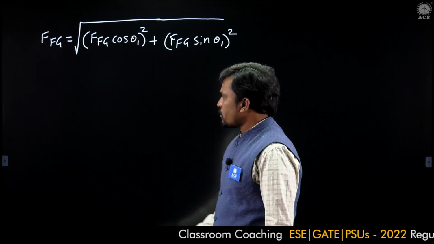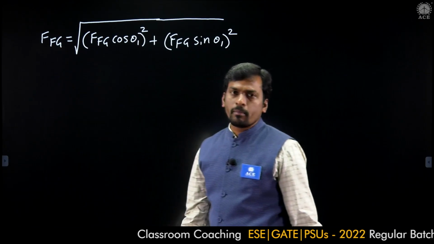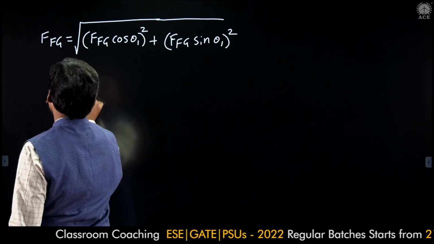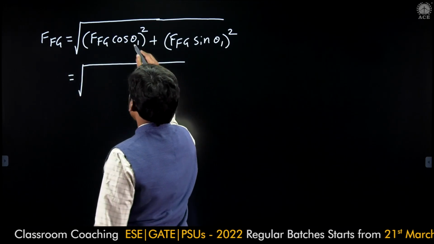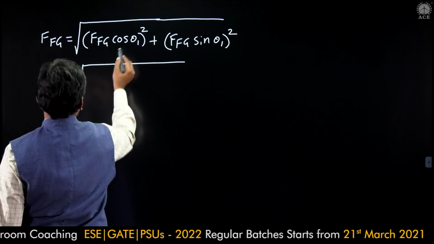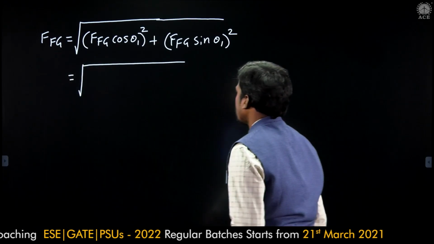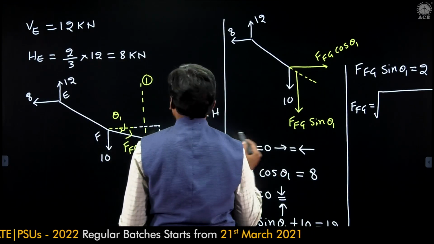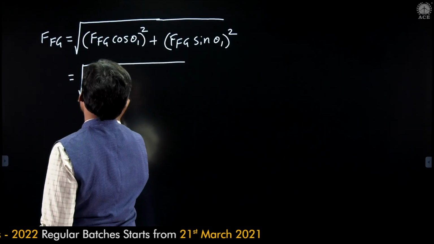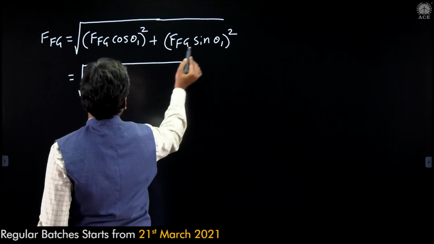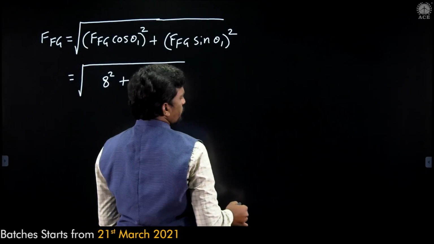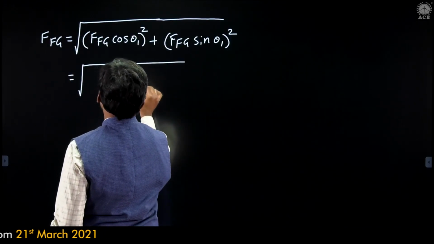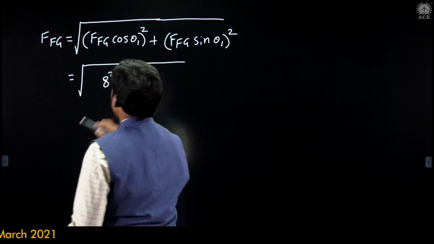Right. Now this is the tensile force in member FG. Then what is the value we got? FG cos theta 1 value is 8, right? Then this is 8 squared plus, and this value is 2, so 2 squared.